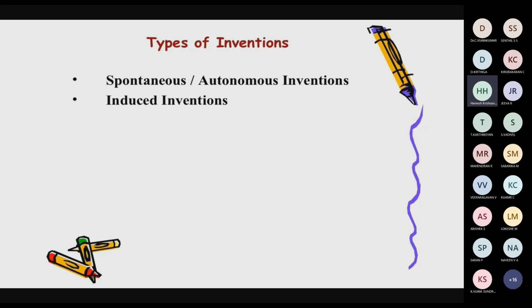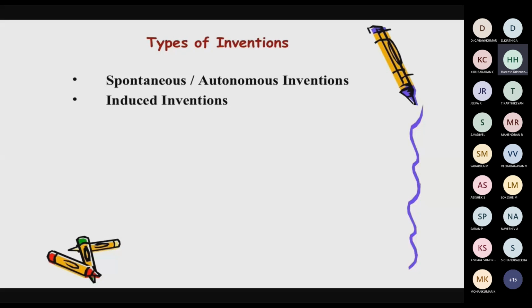Autonomous invention is when we go through some experience, starting for some other things, and during that experiment we find some new idea spontaneously, without any aim or problem formulation. So accidentally we find a new idea or process, and it is considered a spontaneous or autonomous invention.